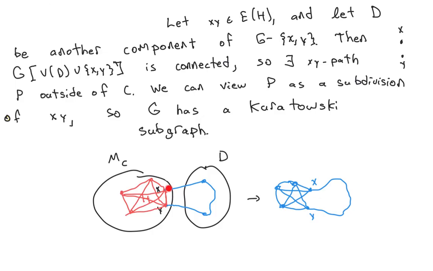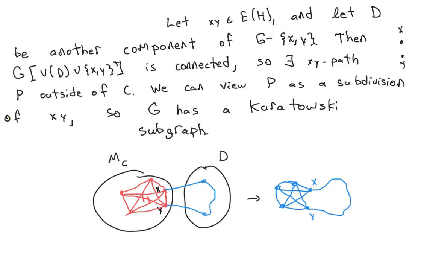Then we've got this nice little trick we can use, which is that there was another component of G minus {x, y}, and x has to have a neighbor in that component and y has to have a neighbor in that component, because otherwise there's a smaller separating set. And so this means that we've got two vertices in this other component, one adjacent to x, one adjacent to y.